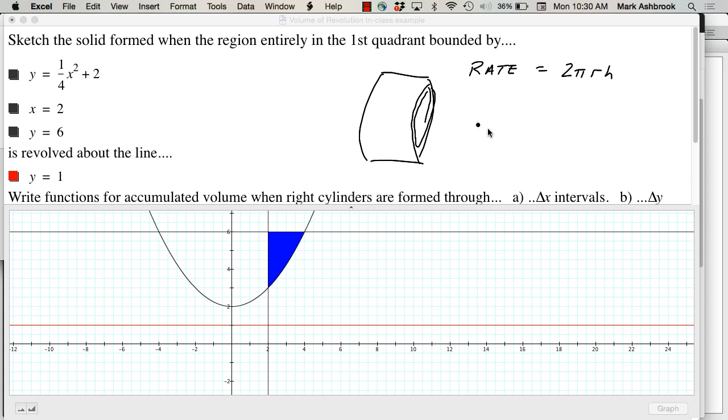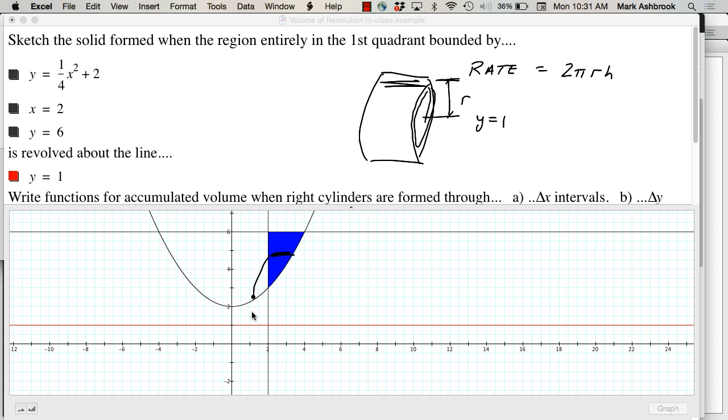Okay, so the radius first. X coordinate, y coordinate, big change in x, big change in y. Y equals 1 is here. And so what is this y coordinate? So imagine this is this thing right here.